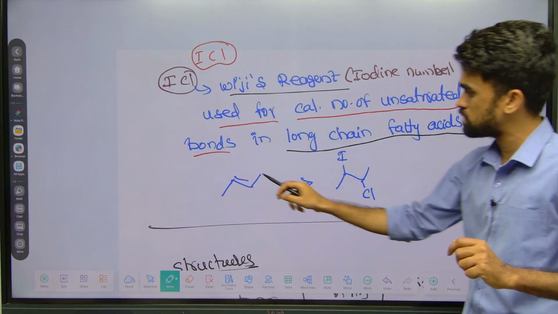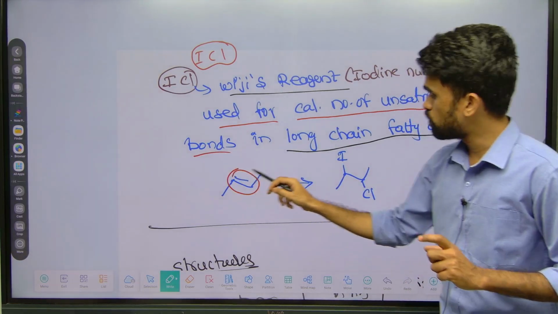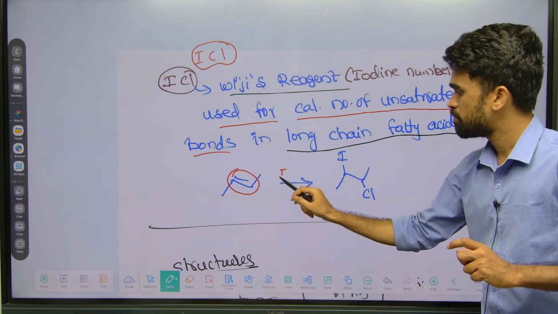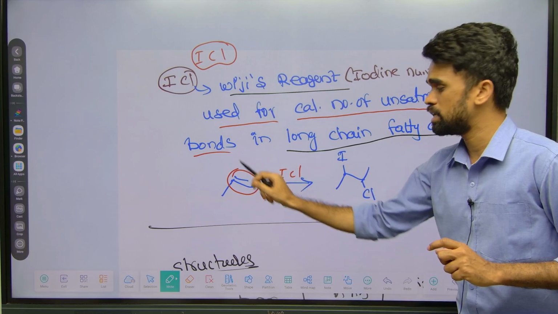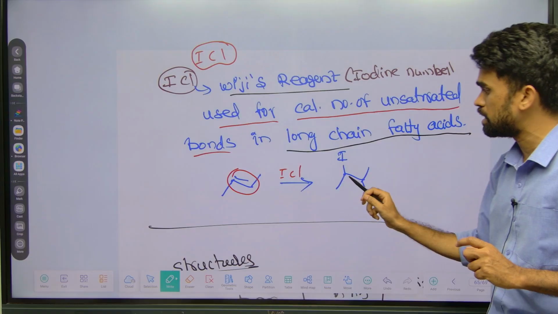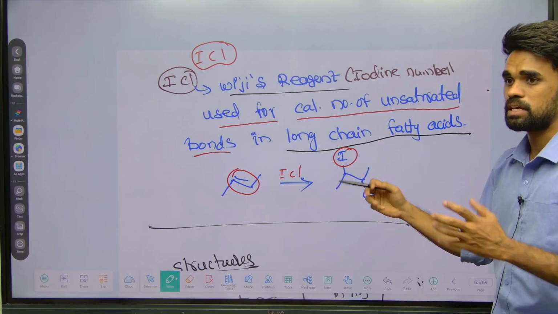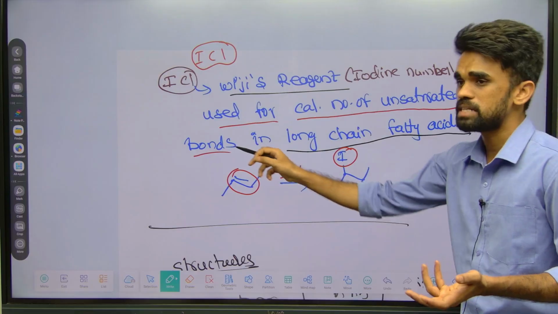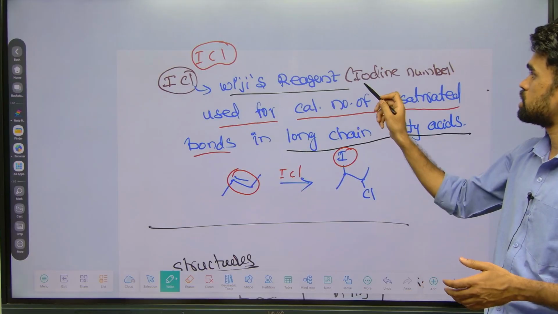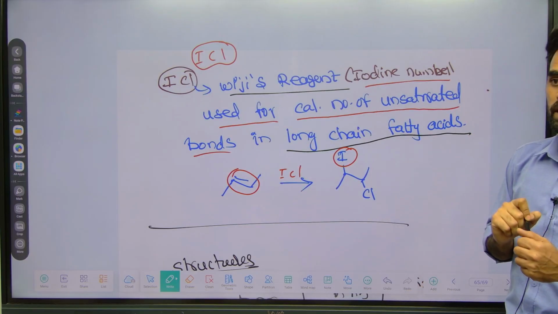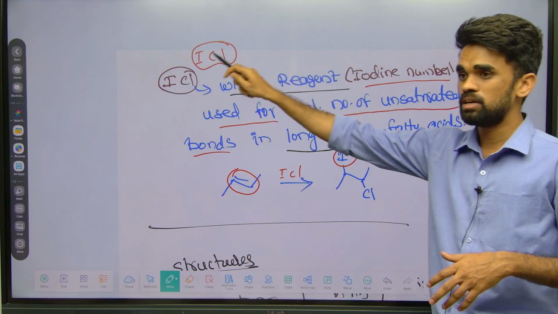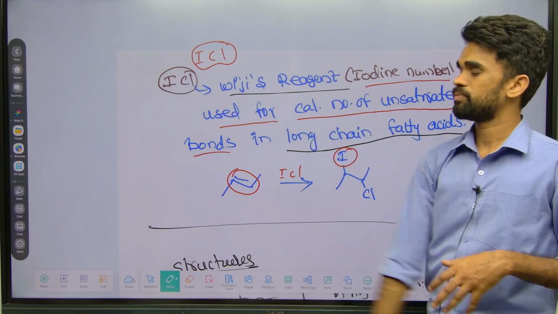For example, if there is one pi bond, we require one ICl, because one I goes here, one chlorine comes here, like that. The number of iodines used during the process gives you the number of unsaturated bonds. So this is also considered as the iodine number or Wijs reagent. What is that? ICl.